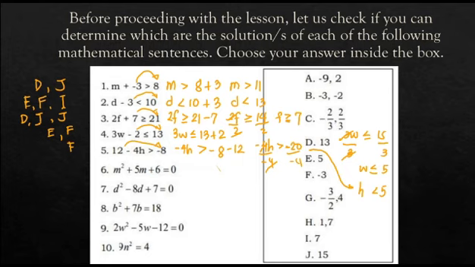Next, let's have number 6. So number 6 is an example of a quadratic equation. So we can use factoring here. So using the factoring method, we have 2 numbers. So we could use positive 2 and positive 3 here. Because 2 times 3 is 6 and 2 plus 3 is 5.